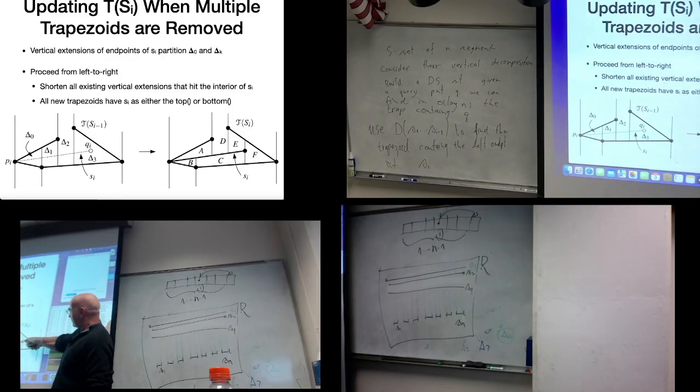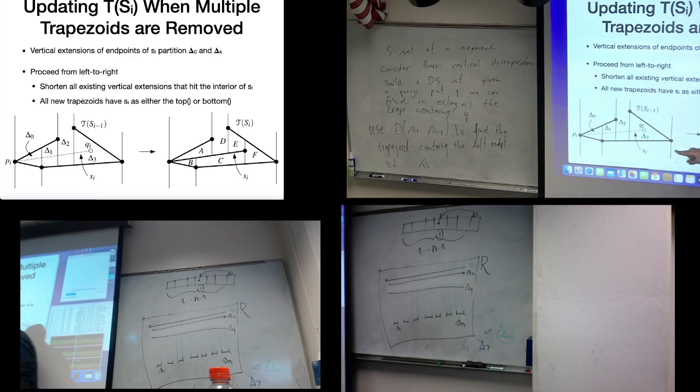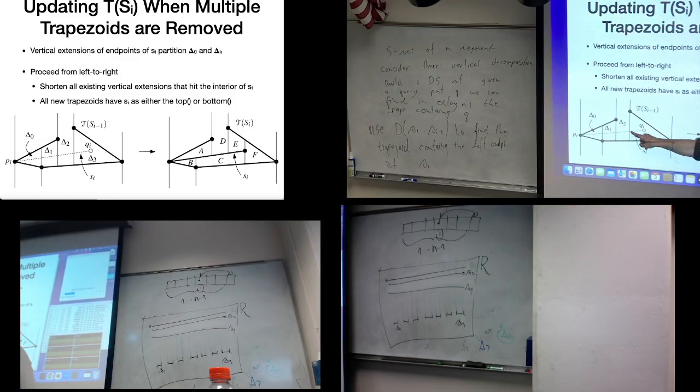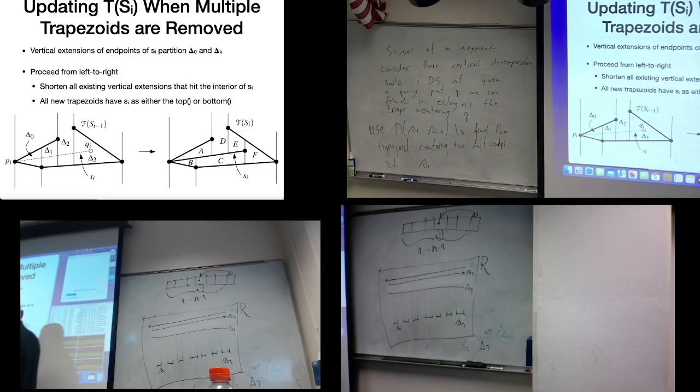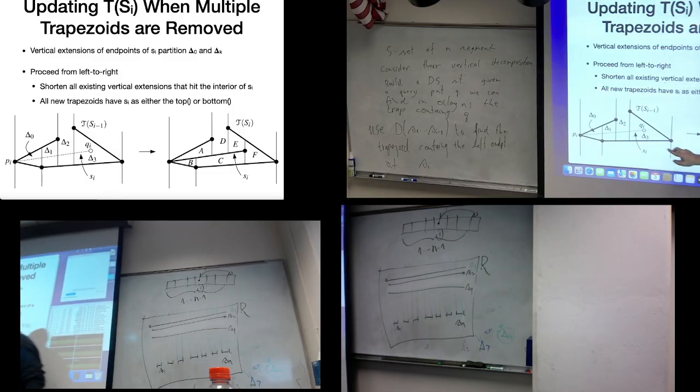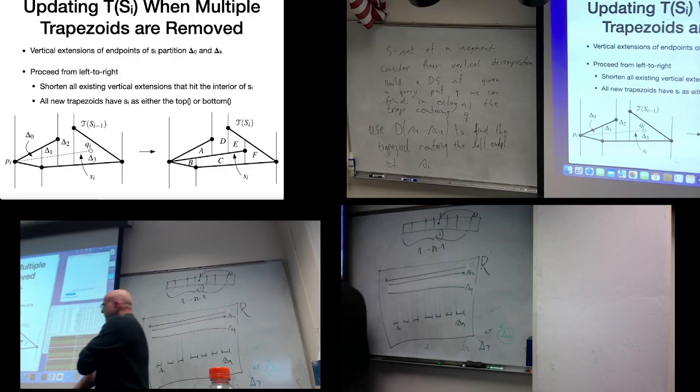I'm adding SI, this one, it's a new one. What happened to each one of the old trapezoids, say delta 2? Delta 2 still exists under a new name. It's called D. It's updated in the sense that it has a new ceiling, which is SI. And what used to be the part below SI, we don't care about it. It doesn't exist anymore.